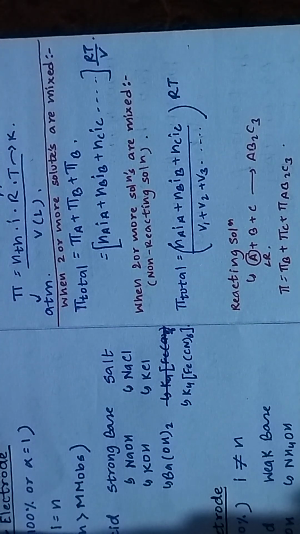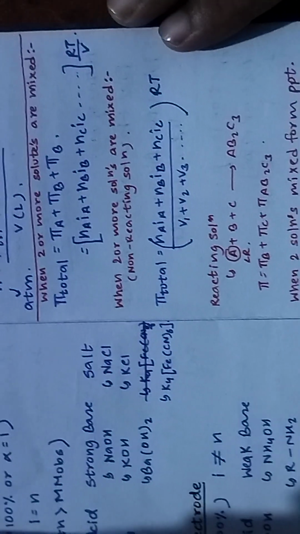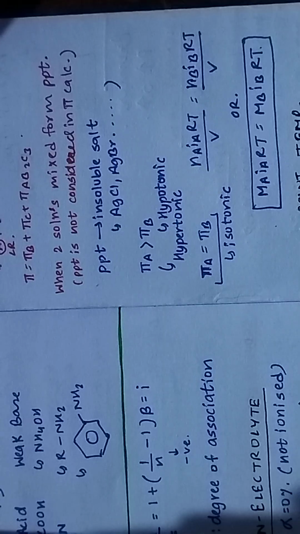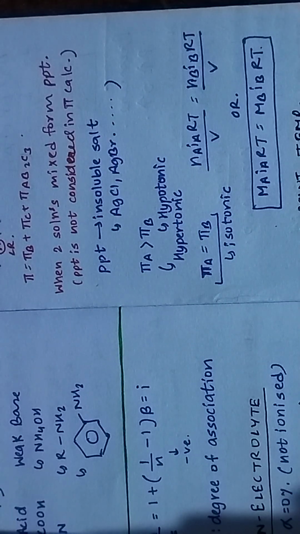When two or more solutions are mixed, non-reacting solutions, pi total is (n_A i_A plus n_B i_B plus n_C i_C) by V, times RT. For a reacting solution, when you have a limiting reagent, you cancel it and the rest are all added. When two solutions are mixed and form a precipitate, the precipitate is not considered in the pi, that is, the osmotic pressure calculation. So you have M_A i_A RT is equal to M_B i_B RT.